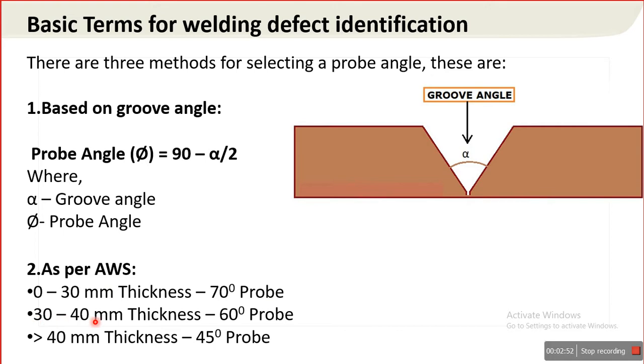For 30 mm to 40 mm thickness of plate or component, we need to inspect the component with the help of a 60-degree probe, and for greater than 40 mm, a 45-degree probe is useful. So this is the second method of selection of probe.